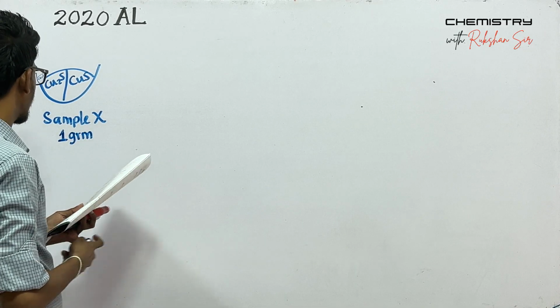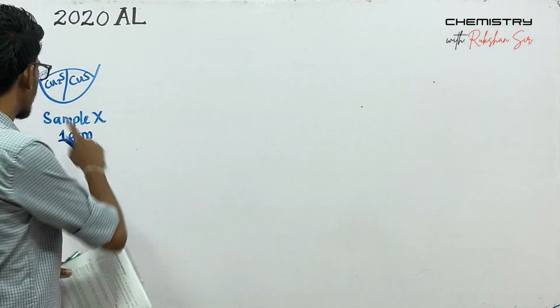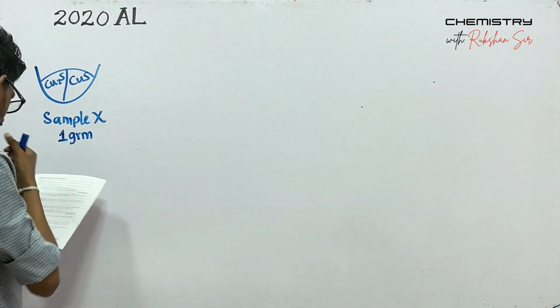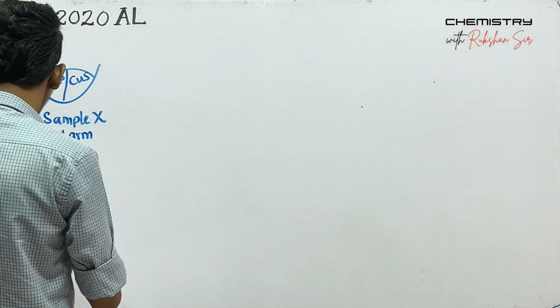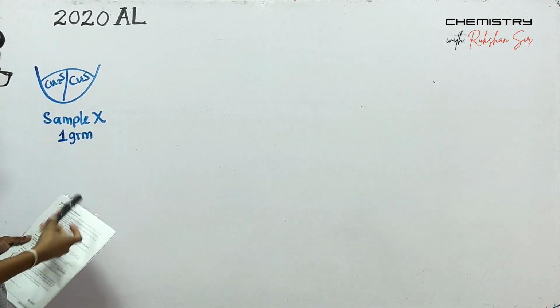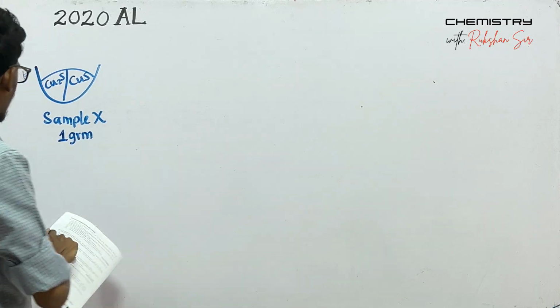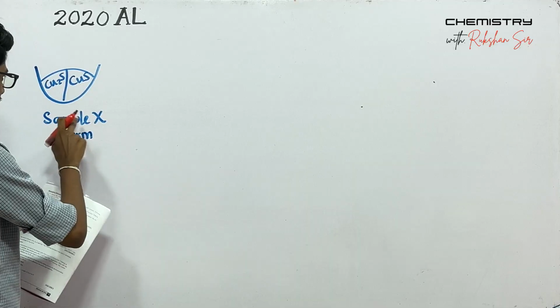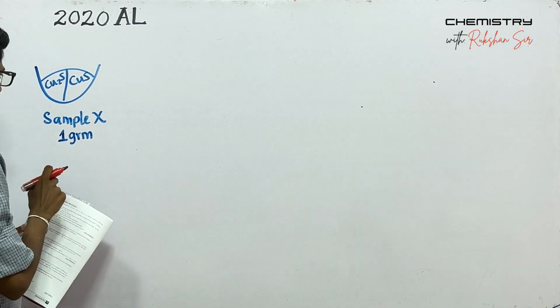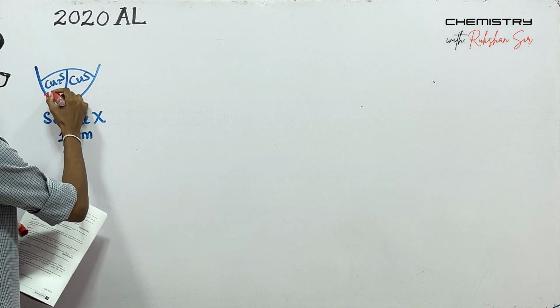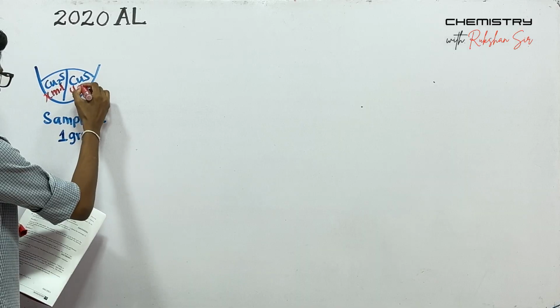You are supposed to find the percentages of these two. Basically, the percentage of Cu2S. So let's assume the number of moles in 1 gram of sample X, the number of moles of Cu2S is X moles, and this one is Y moles.